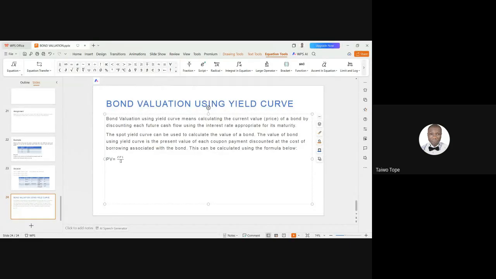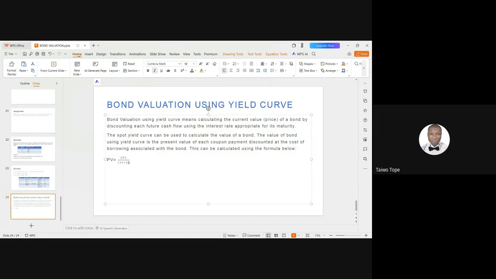That is the market discount rate or required rate of return. And that will be what? 1 plus what? 1 plus R to the power of what? To the power of 1. Now, why is it not minus 1? Why is it not to the power of minus 1?